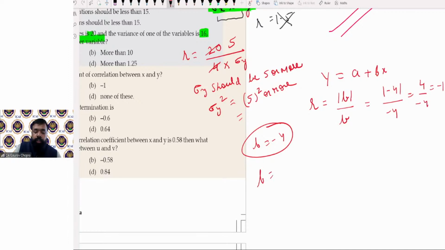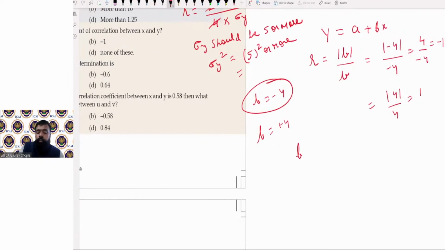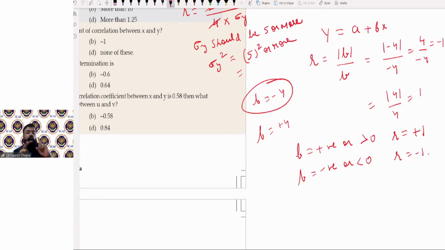If b is positive, let's take this time +4, then what will happen? Then it will be +1. So in short, we can say that if b is positive or greater than 0, then r will be +1. If b is negative or less than 0, then r will be -1. So the value of r will be either +1 or -1.